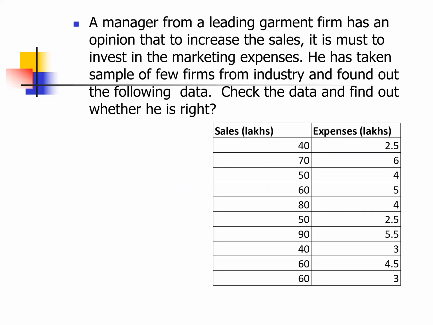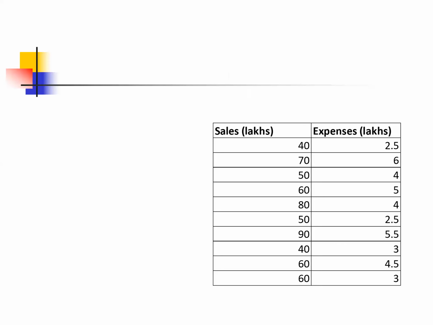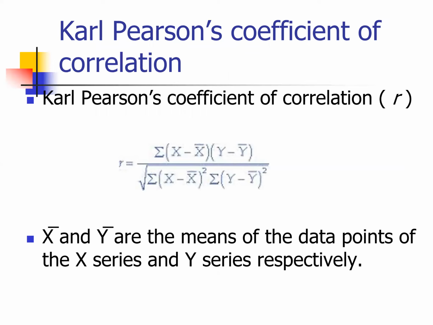Now in this particular data of sales and expenses, which are mentioned in lakhs for different firms, let's assume that sales and expenses are marked as X and Y respectively. So let's assume sales as X and expenses as Y, and then we can find the value of R with the help of the formula which is mentioned in this particular slide.